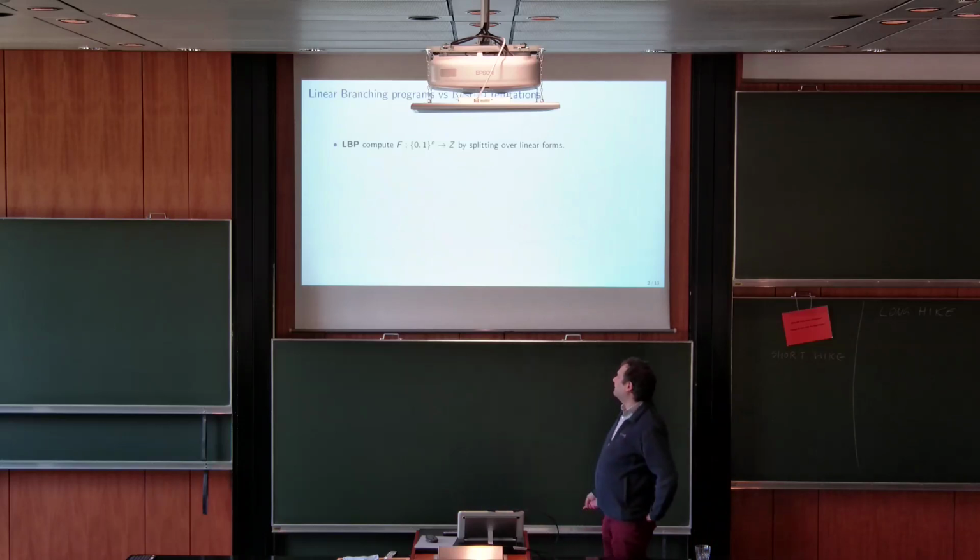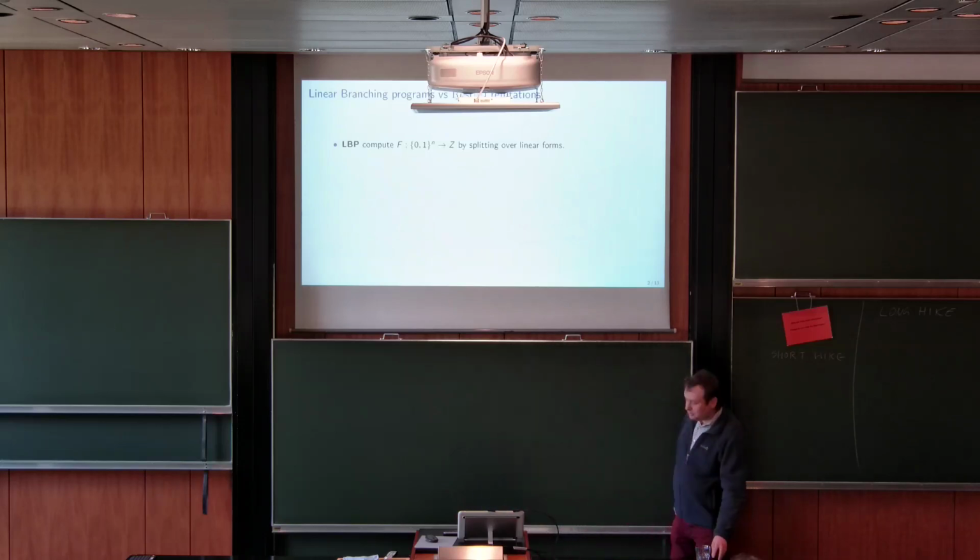For the latter, I need the notion of a linear branching program. A linear branching program is just an extension of a plain branching program, but here we branch on the value of a linear form instead of the value of a variable. It's the same as usual.